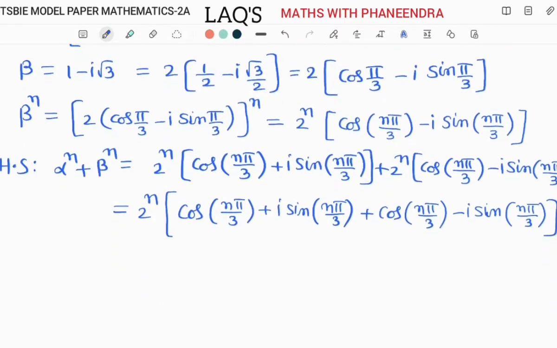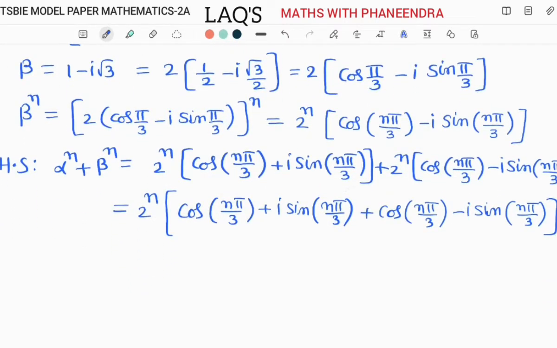So in this bracket, plus i sin n pi by 3 and minus i sin n pi by 3 cancel. So 2 power n into cos n pi by 3 plus cos n pi by 3, 2 times cos n pi by 3.